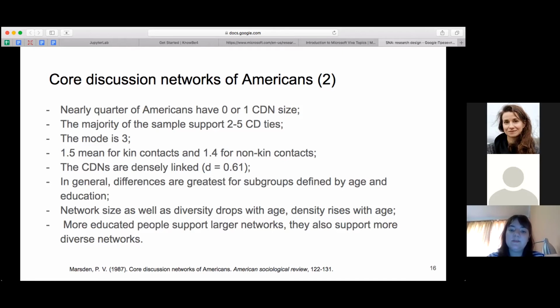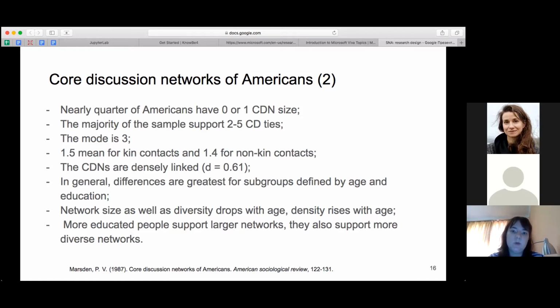In general, differences are greatest for subgroups defined by age and education. Network size as well as diversity drops with age, and density rises with age.